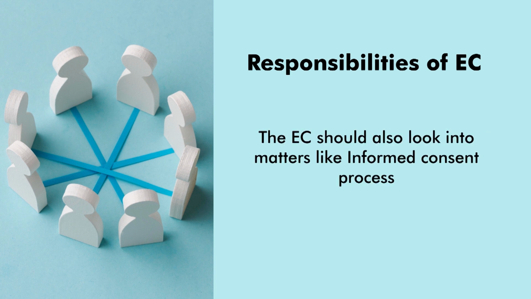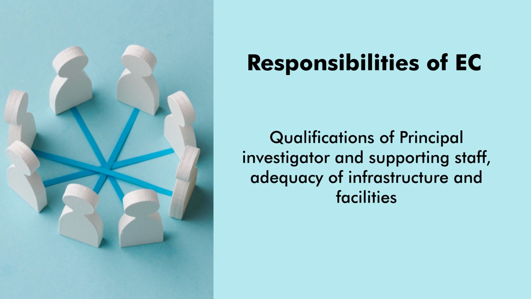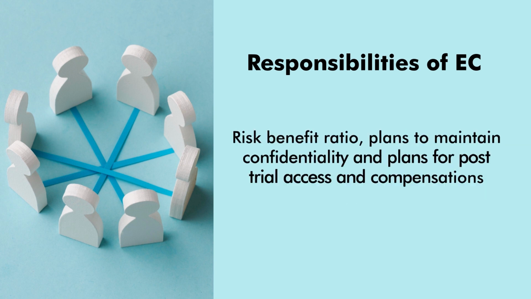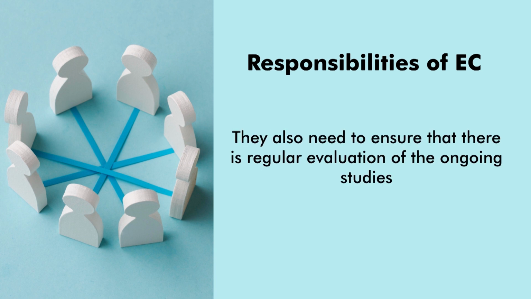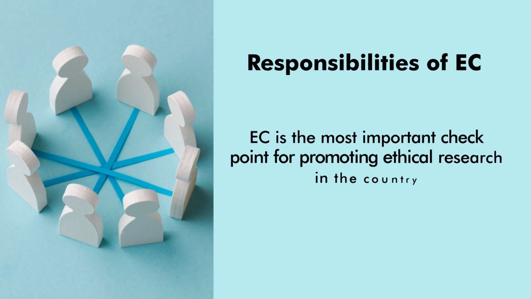The EC should also look into matters like the informed consent process, qualifications of the principal investigator and supporting staff, adequacy of infrastructure and facilities, risk-benefit ratio, plans to maintain confidentiality and plans for post-trial access and compensation. They also need to ensure that there is regular evaluation of the ongoing studies. The EC is the most important checkpoint for promoting ethical research in the country.